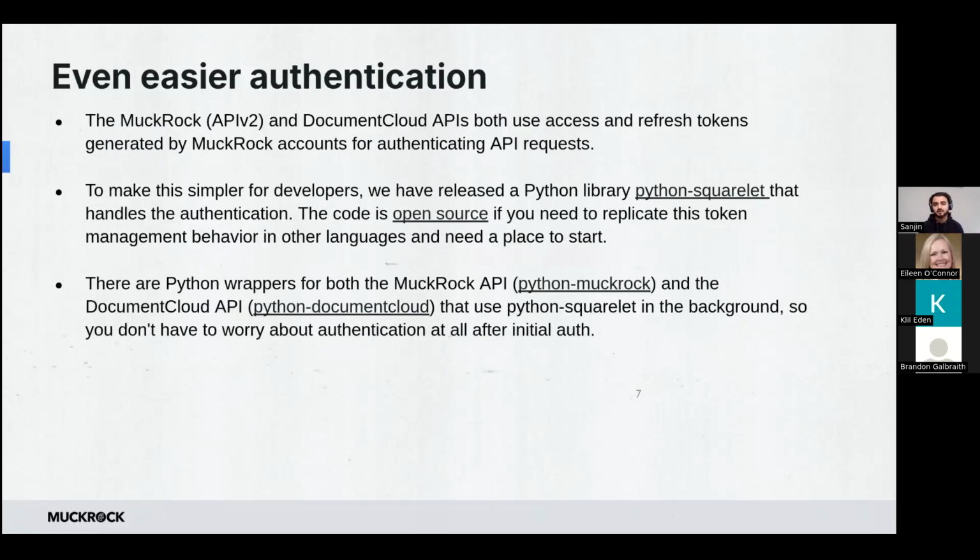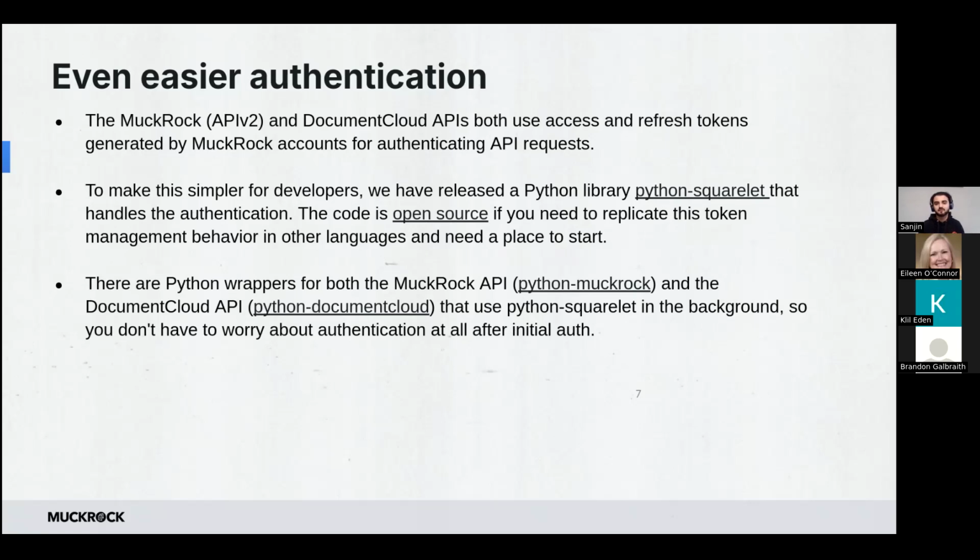If you are a Python developer, there is an easier way to go about authenticating rather than building your own subset to gain access to those access and refresh tokens. There is Python Squarelet, a library that automatically gets those access and refresh tokens each time you make a request. And if you start receiving errors, it's going to automatically retrieve those for you.